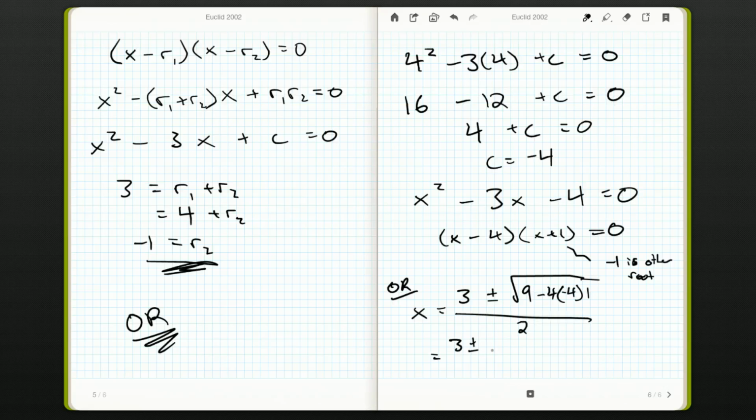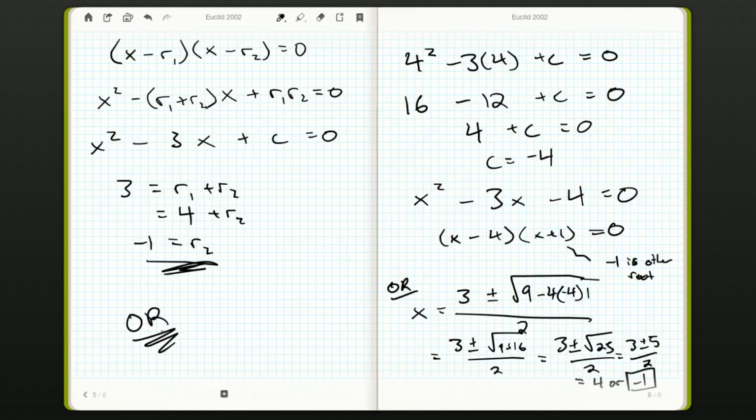That's going to be 3 plus or minus, this will be 9 plus 16, all over 2. That's going to be 3 plus or minus the square root of 25, all over 2. So that's 3 plus or minus 5, all over 2. And that's going to be 8 over 2, which is 4, or negative 1. And then that'll have to be the other root.